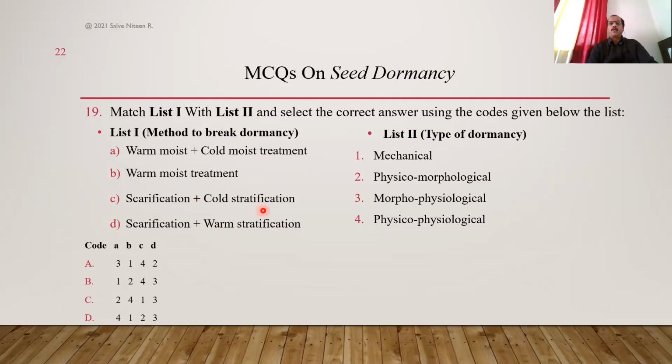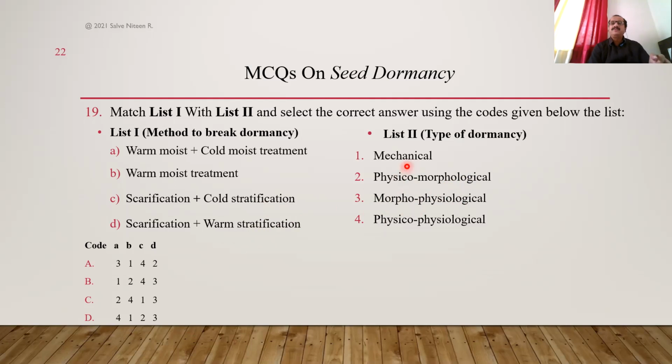Cold stratification is given to break physiological dormancy, whereas warm stratification is usually given to break morphological dormancy. We have studied that there are two types of endogenous dormancy, morphological and physiological. Physiological dormancy can be broken by cold stratification. Morphological dormancy can be broken by warm stratification. Similarly, mechanical dormancy can also be broken by warm stratification.